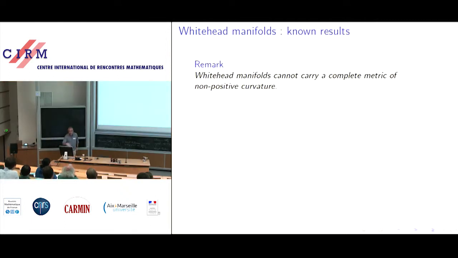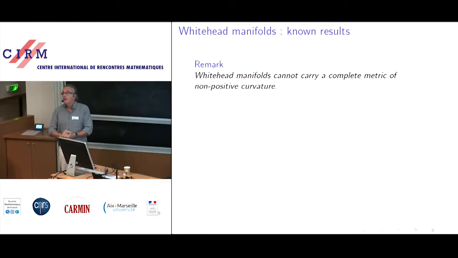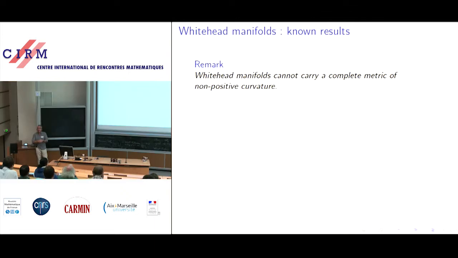Well, there are easy remarks. For example, since it's not homeomorphic to R3, it cannot carry a non-positively curved complete metric, just by Hadamard's result. So you could say, but what if we take a distance function which is CAT(0), instead of really a smooth metric? Even this is not possible. This is really specific to dimension 3.